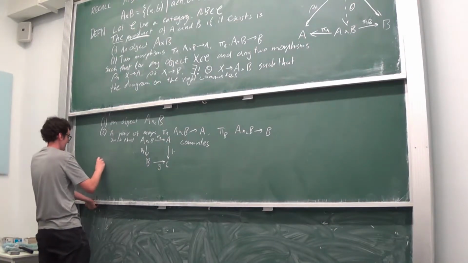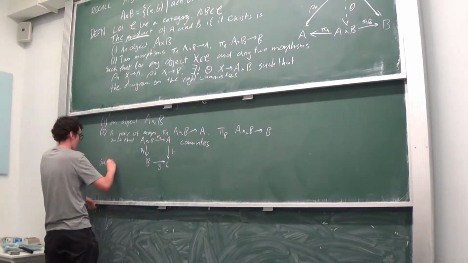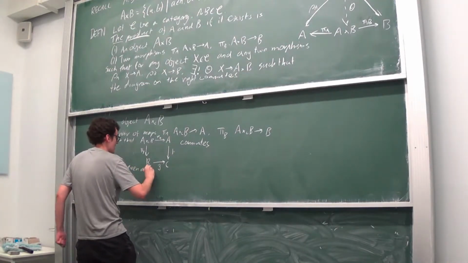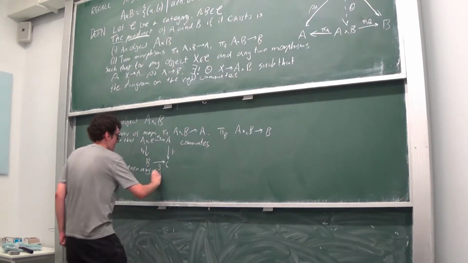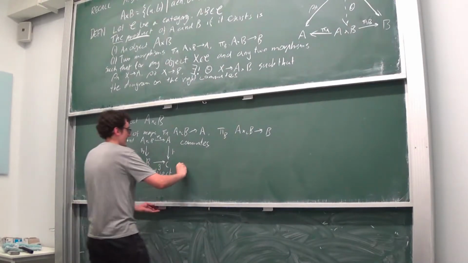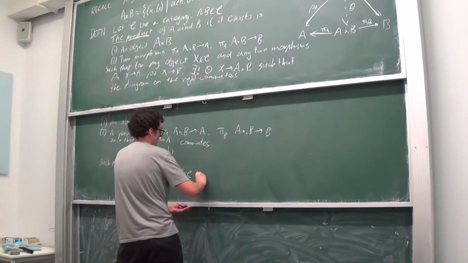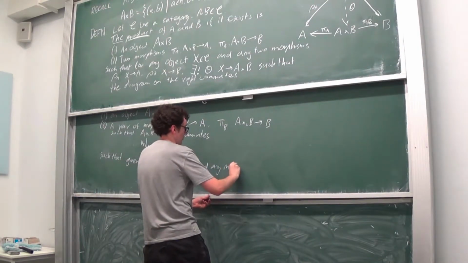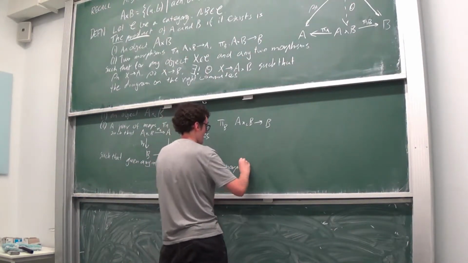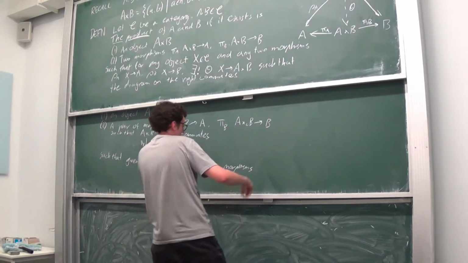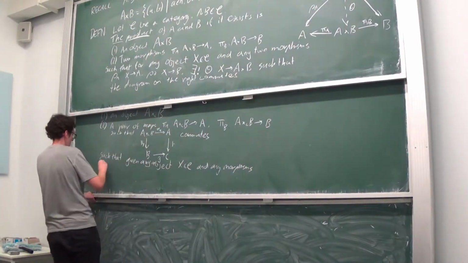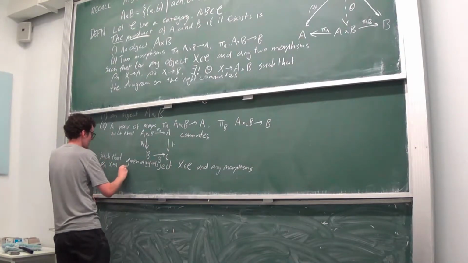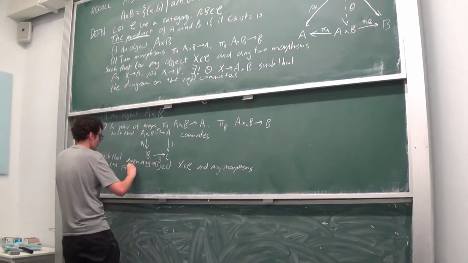Such that, given any object X and any morphisms rho A goes from X to A, rho B goes from X to B.